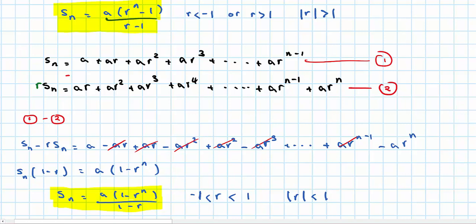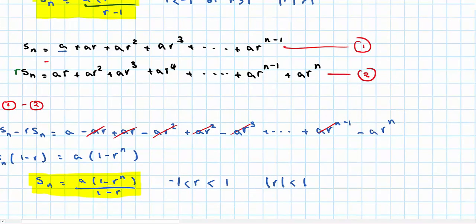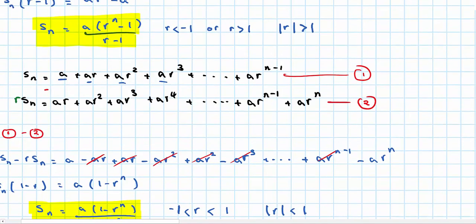We don't have to worry about r equaling 1, because when the ratio is 1, you're going to end up with a, and so on, or going from positive a to negative a, which is not usually the type of series we're interested in. So these are our 2 formulae for the sum of a geometric series.